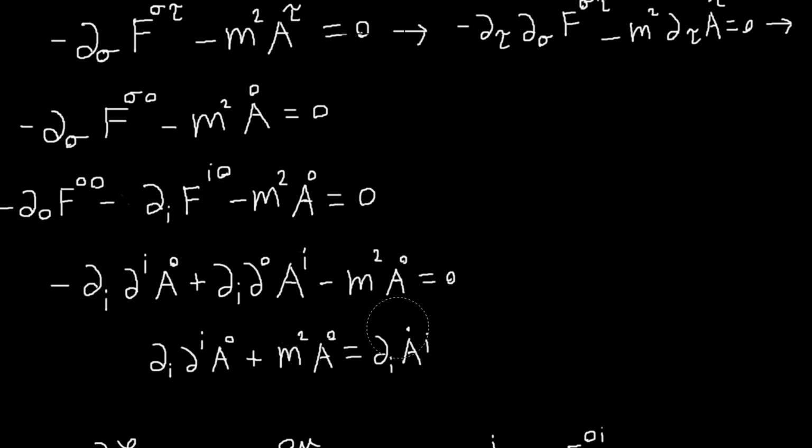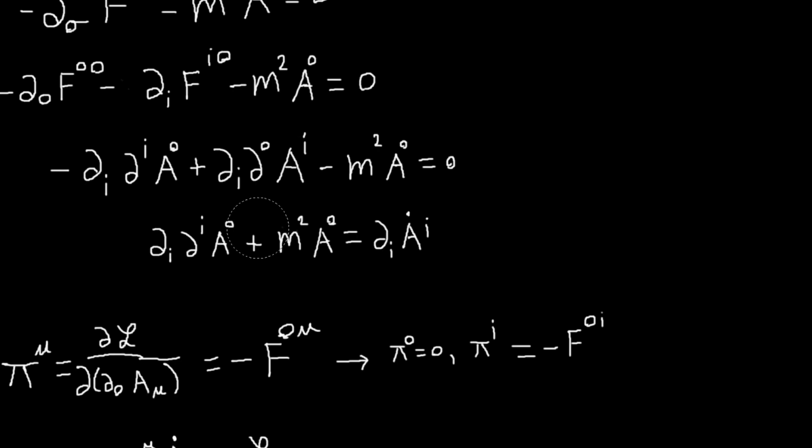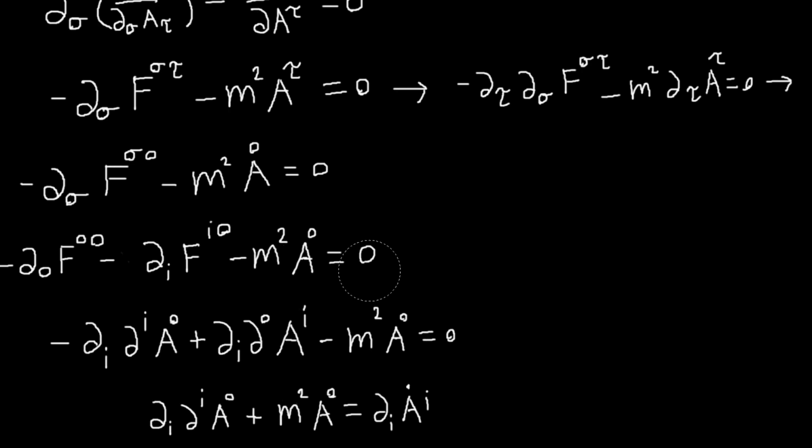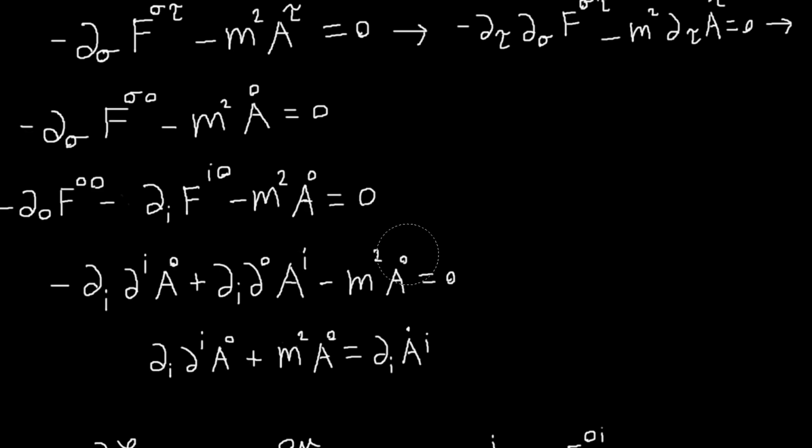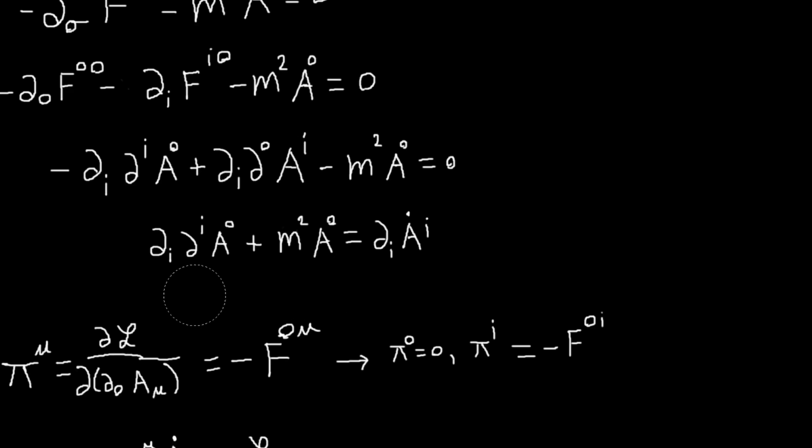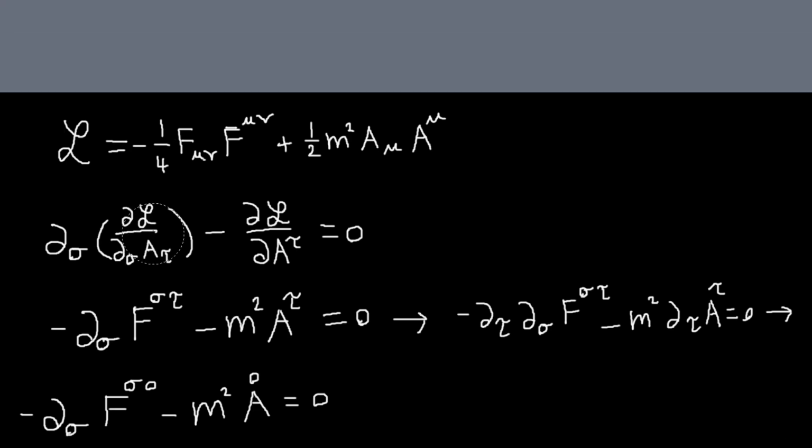So, yeah. And then we want to find the Hamiltonian density for this Lagrangian density. To do that, we need our conjugate momenta fields. So we'll need π^μ to be dL/d(∂_0 A_μ). So it's basically just the zeroth component of this expression, so we already know this.